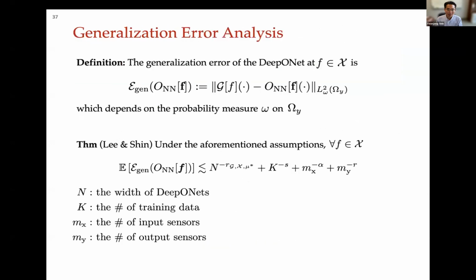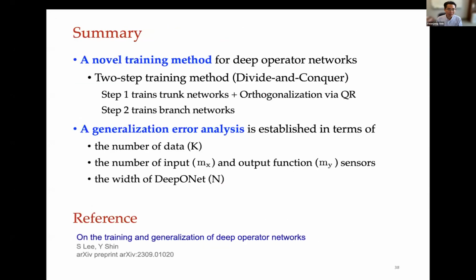Okay, then let me quickly wrap it up. That's all I have. We presented the two-step method. The core part is separation of trunk and branch, and the QR plays a key role that improves the generalization and stability. We presented the generalization error analysis, based on Cohen's old paper on the stability and accuracy of the least square analysis, and we generalized that analysis in the context of the trunk network.